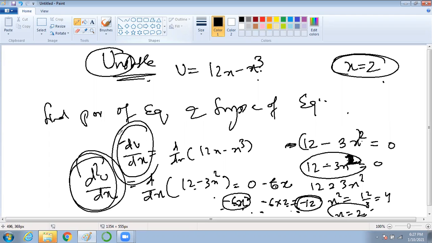The first derivative will only tell the position of equilibrium. So never tell, sir, this is... du by dx will tell what position the equilibrium exists, and d square u by dx square will tell whether it is a stable, unstable, or neutral equilibrium. Clear? Clear or not? Yes, sir. Awesome. Correct.